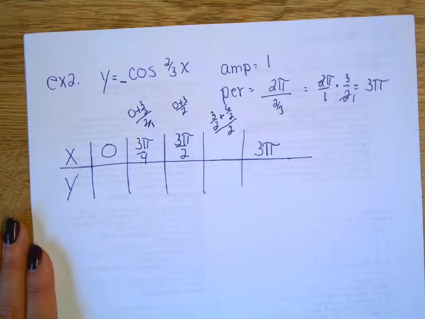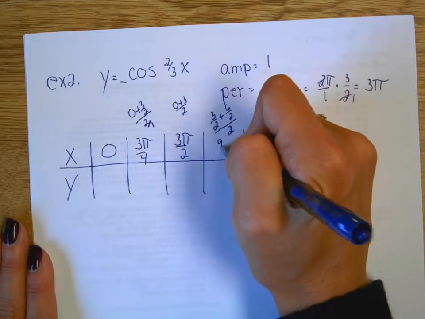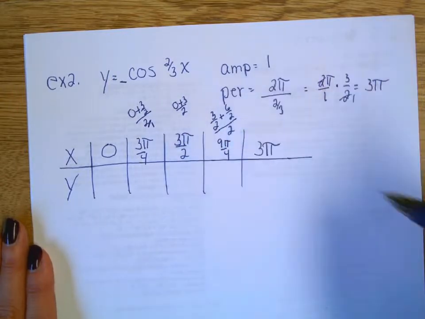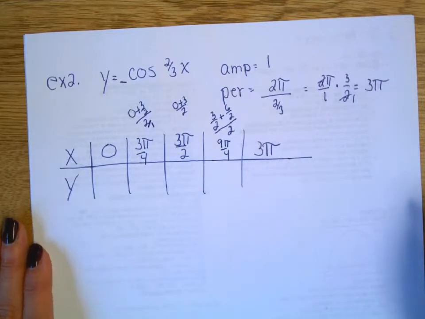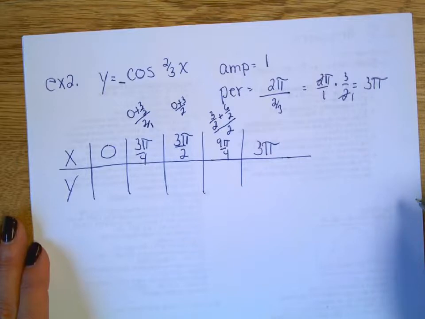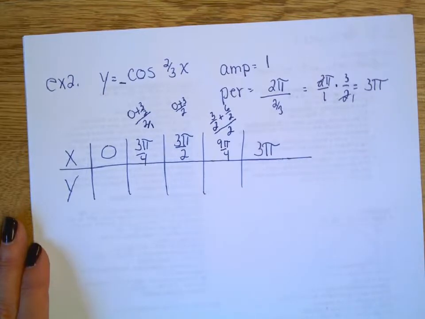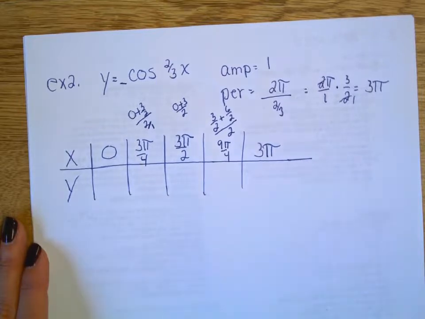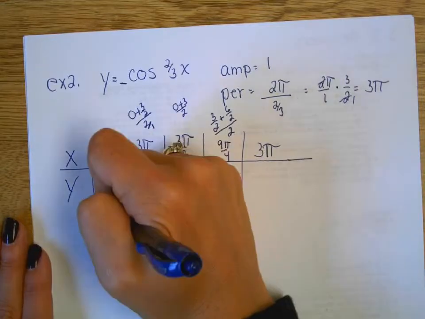So what did you guys get? 9 pi over 4. And now we've got the cosine pattern. Where does cosine start? Yep, it's the cereal bowl. So it starts at the top of the cereal bowl, then comes down, finishes at the top of the cereal bowl. So it's a max.